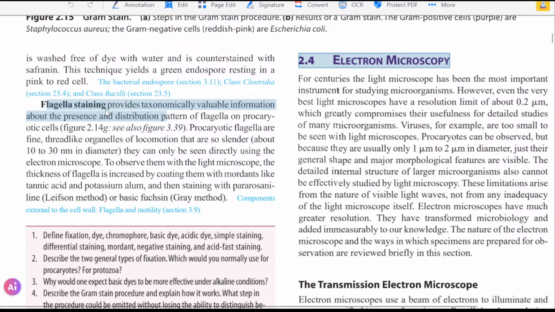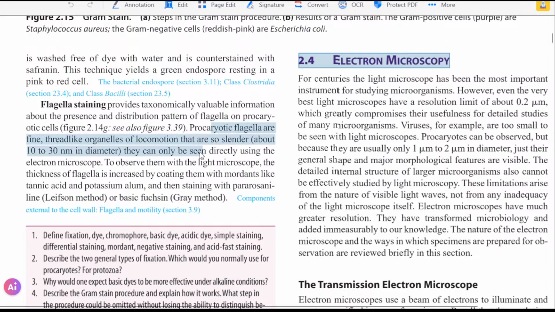Flagella are an important characteristic, just like the cell wall and capsules in prokaryotic cells. From just the flagella, we can differentiate between bacteria to a certain degree.